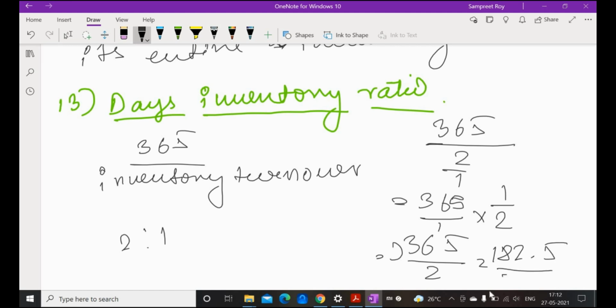Now this indicates that the average stock is held in inventory for around 182.5 days, right? So this is what this ratio indicates.